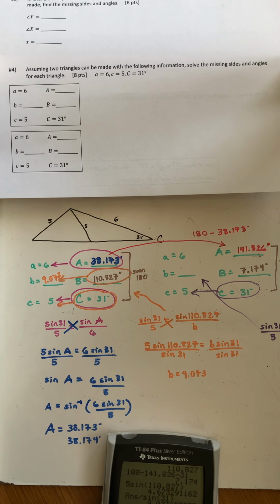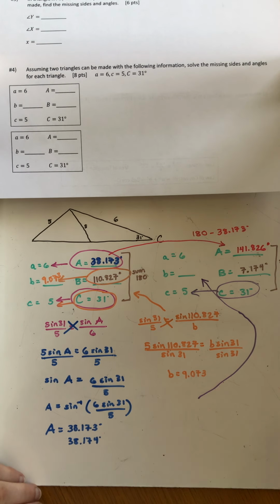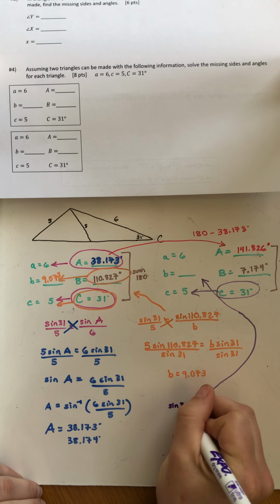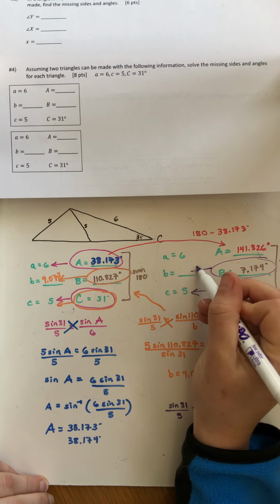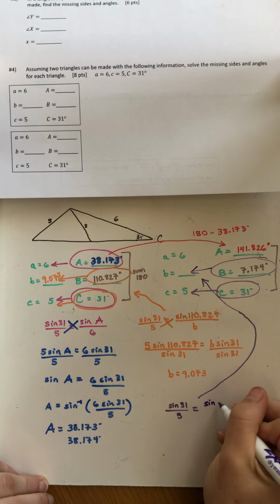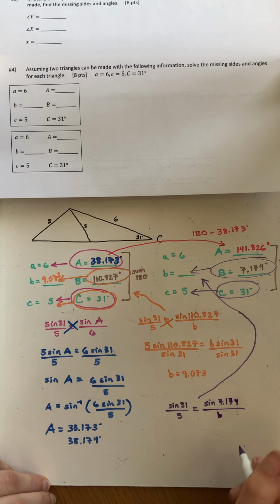I think I might be off the page over there. Let me write it down at the bottom for you. Sine of 31 over 5 equals the sine of angle B over little b.